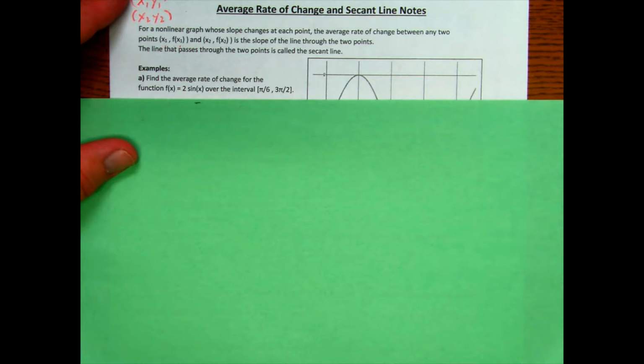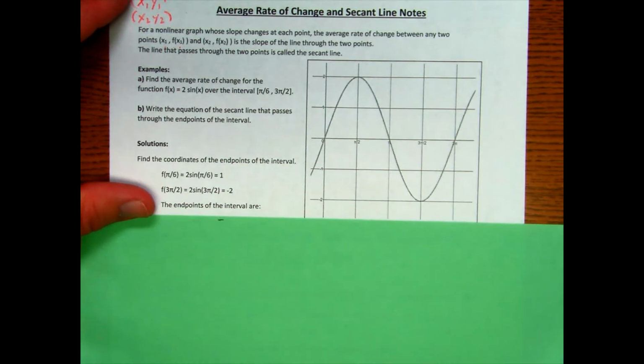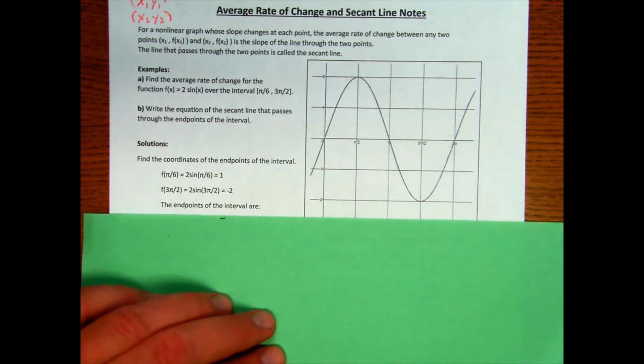All right, for our first example, it says find the average rate of change for the function f of x equals 2 sine of x over the interval pi over 6 to 3 pi over 2. They're giving us a graph here. We're not always going to have the luxury of having a graph, but we do for this particular problem.